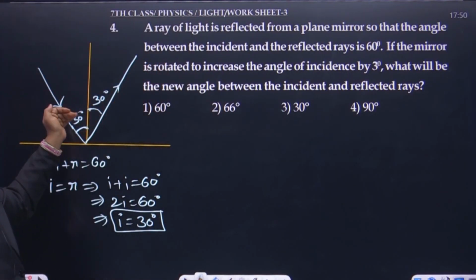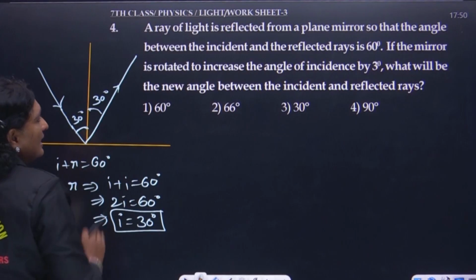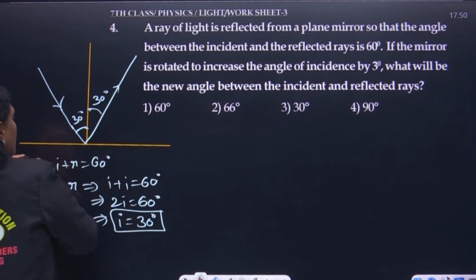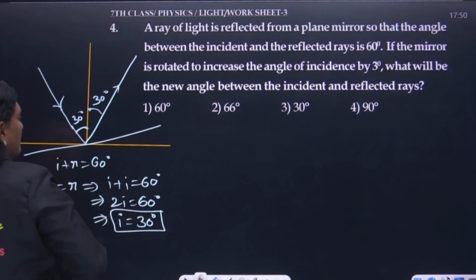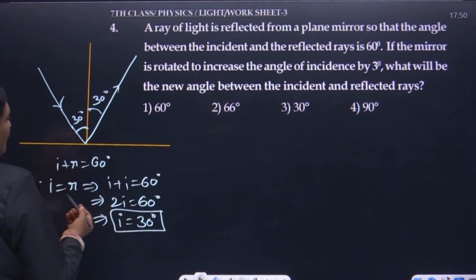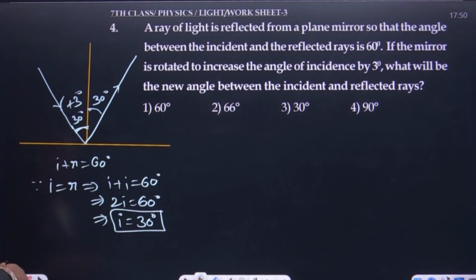That means the angle of incidence is 30 and the angle of reflection is also 30. Now the mirror is rotated. Earlier the mirror was like this, now the mirror is rotated such that the angle of incidence is increased by 3 degrees.